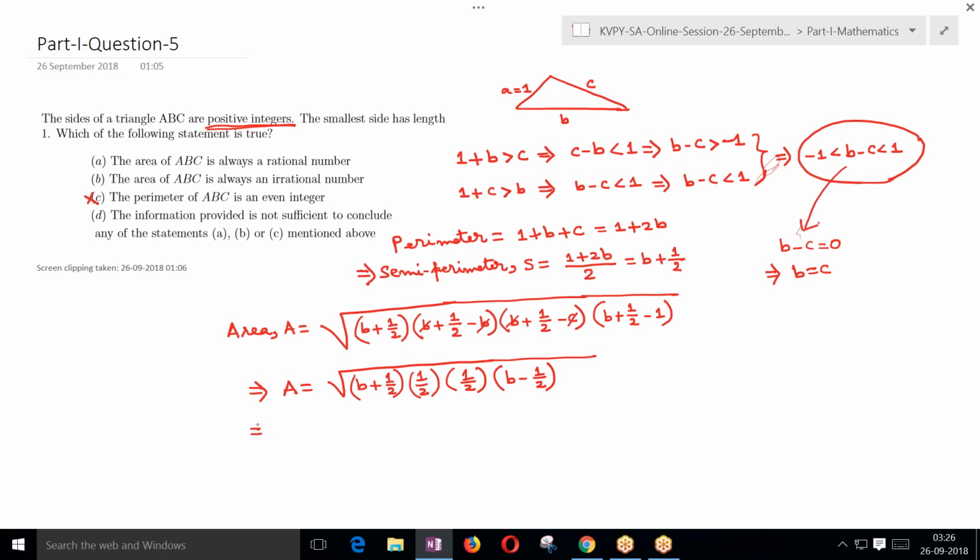So from here we get the value of A equal to 1 by 2 into the square root of b square minus 1 by 4. Now, as b is a positive integer, b square minus 1 by 4, the square root of that has to be an irrational number.